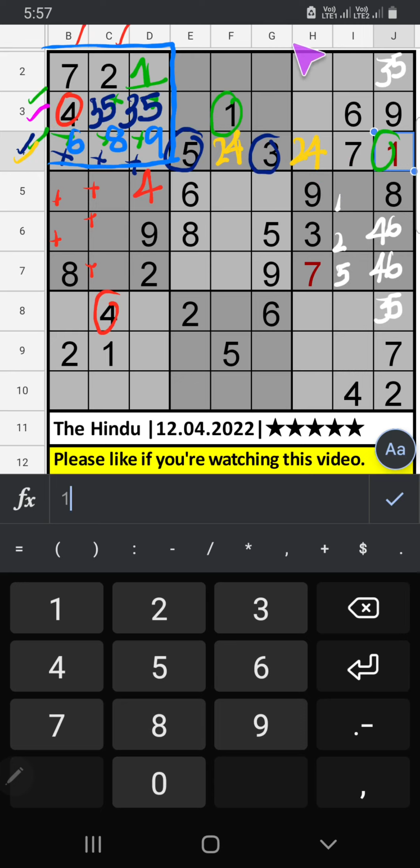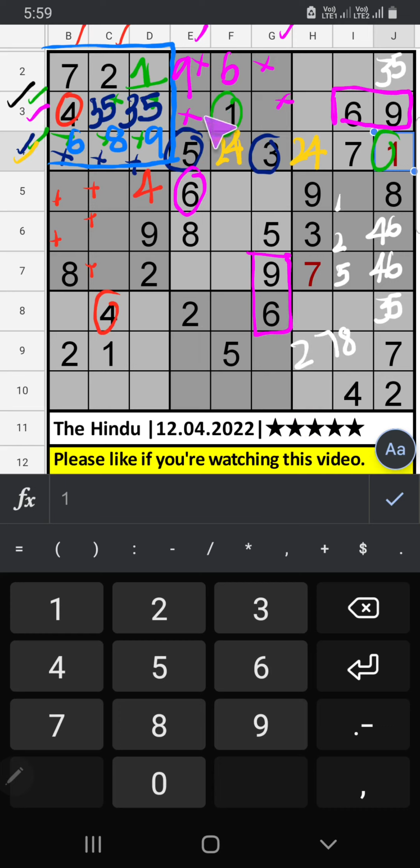Third row and column G, we have pair numbers 6 and 9. So 6 and 9 can't come in these cells. It will come in any one of the cells. Column E, we have 6. So 6 can't come in the cell. 6 is confirmed here. Then 9 is here.